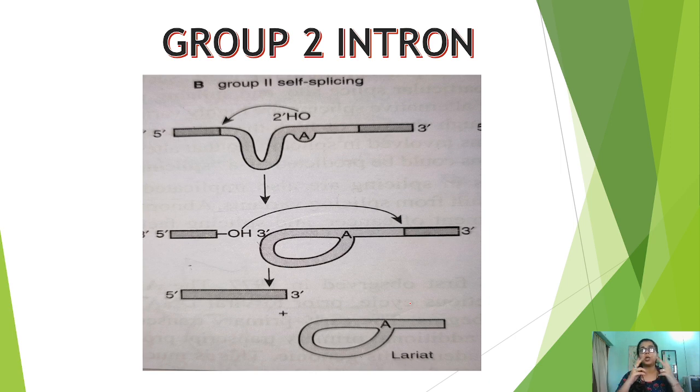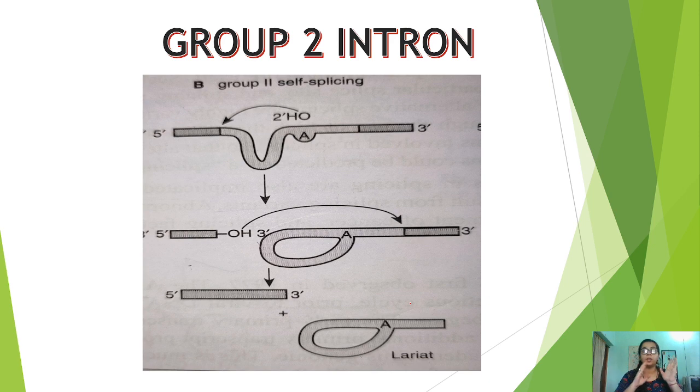So this is the part 2 video which I was discussing, and with this we come to the end of what self-splicing is and what the two mechanisms are. In the next part we will be discussing the third and last part of the splicing mechanism, that is tRNA splicing. I want to give you a quick review that tRNA splicing will be completely different from these two.